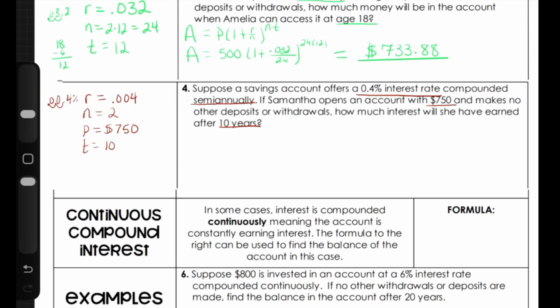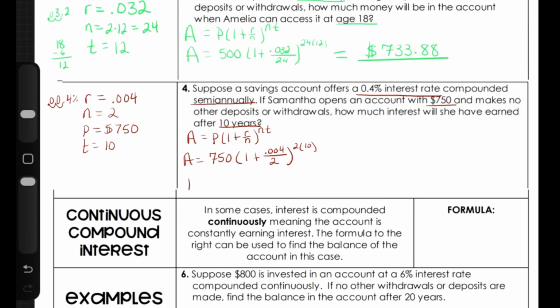Okay, now we have everything ready to set it up, and we are going to plug it into our equation. Our equation is still the same for this one. A is equal to P times (1 plus R over N) to the power of N times T. Now our A is equal to 750 times (1 plus our rate of 0.004 divided by our N of 2) to the power of 2 times 10 being our time.